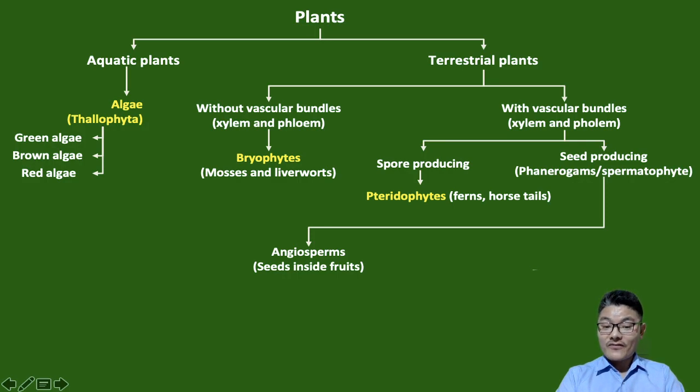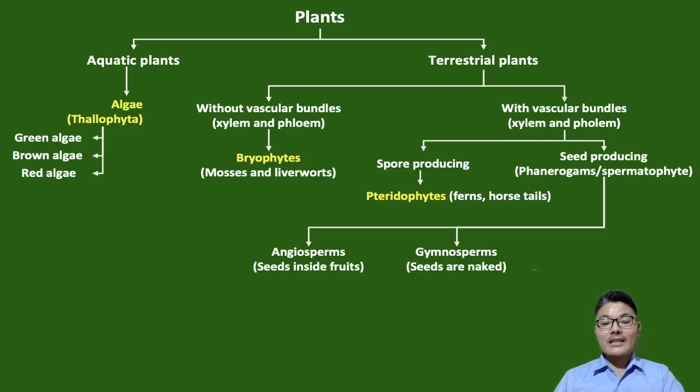Angiosperms are flowering plants, and they usually produce seeds within their fruit. On the other hand, we have gymnosperms, which are non-flowering plants, and they produce naked seeds, not surrounded by fruit.